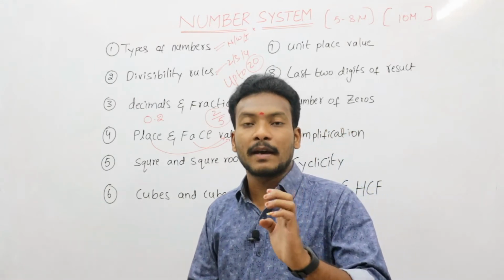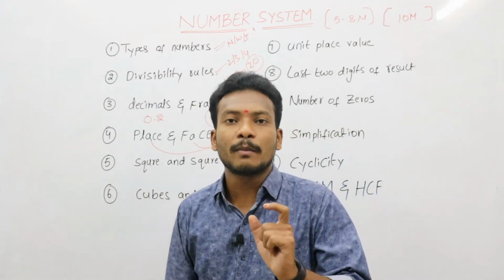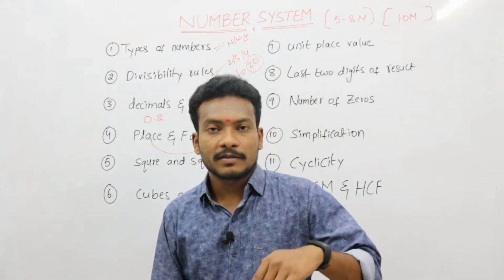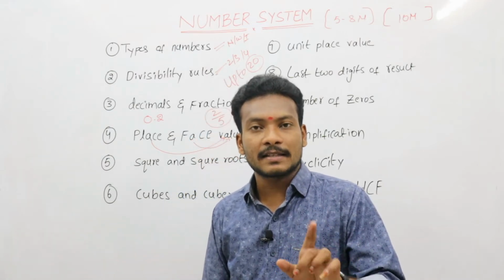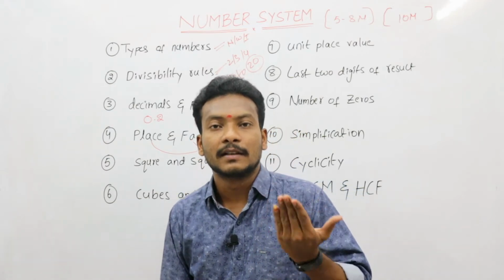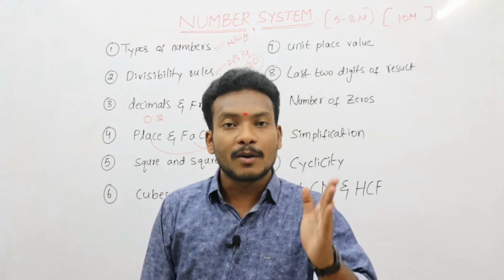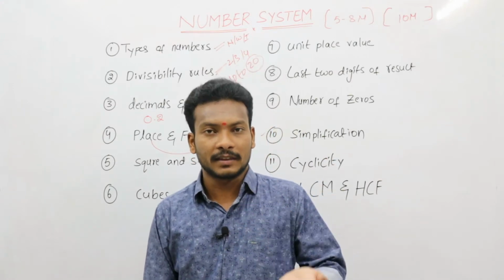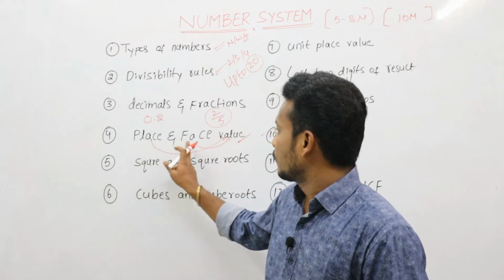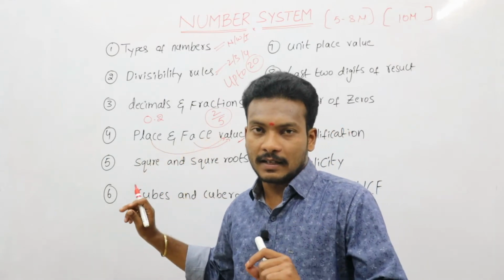Suppose the number is in the units place, we multiply it with 1. But suppose the number is in the tens place, now the number is multiplied with 10. Suppose it is in the thousands place, the number is multiplied with 1000. Like that we are discussing place value and face value.